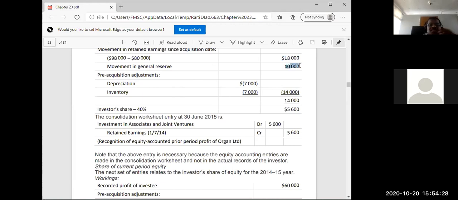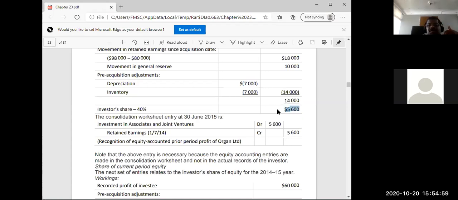So you have to add the general reserve transfer. As I told you, there is no movement. So you just add it, because in the retained earnings this has already been deducted, but you have to add it back. And you can remember we made two adjustments in the first year, so you deduct them. Basically, the investor's share is 5,600.